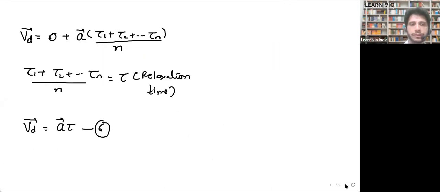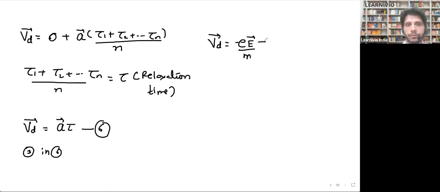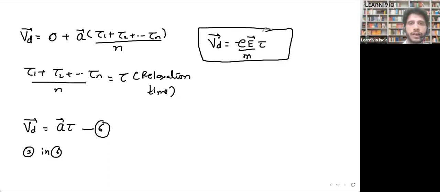When I substitute 3 into 6, we get that drift velocity Vd is minus eE by m into tau. So this is how we calculate drift velocity, which is minus eE tau by m. So the velocity with which electrons move towards the positive end of the conductor is minus eE tau by m. That is the expression for drift velocity.